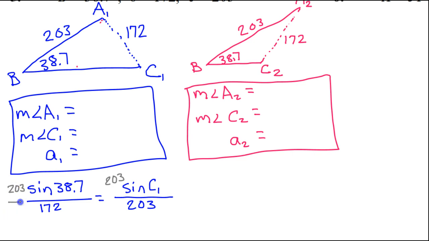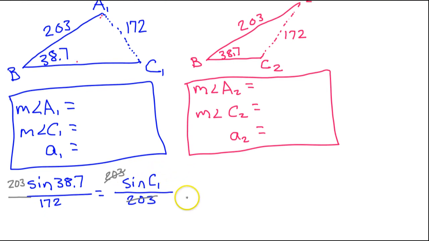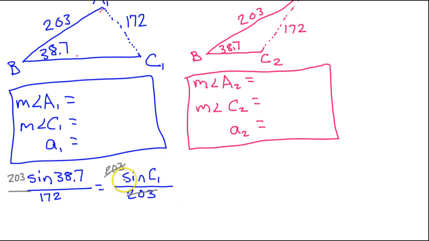So I'm going to do that. Okay, so that's going to give me the sine of C1. Now, to get actual angle C1, I'm going to need to do the inverse sine of all of this.